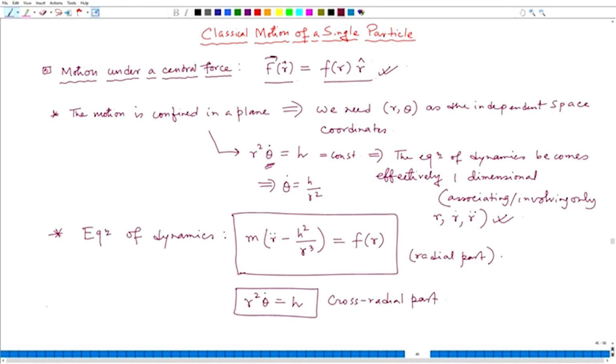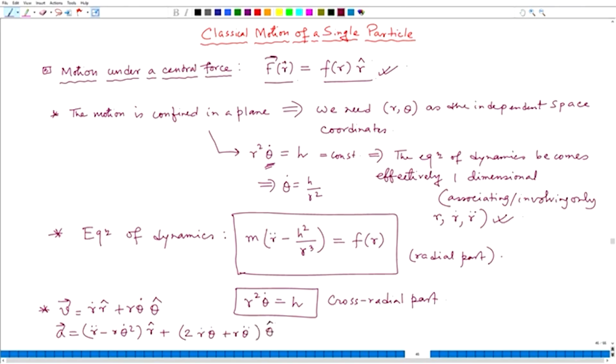Now, I also showed that the velocity is given by r dot r cap plus r theta dot theta cap, and a is given by this expression r double dot minus r theta dot square r cap, plus 2 r dot theta dot plus r theta double dot theta cap.